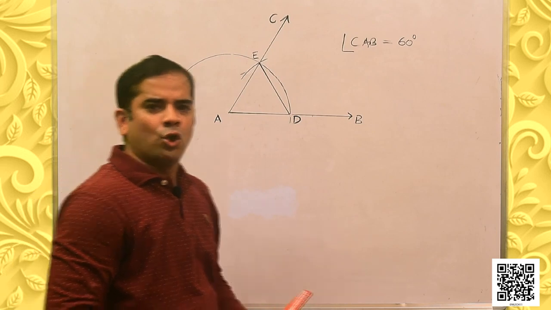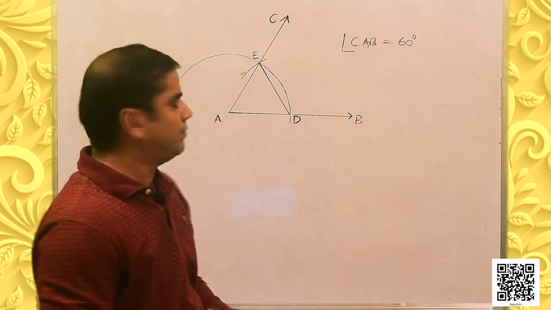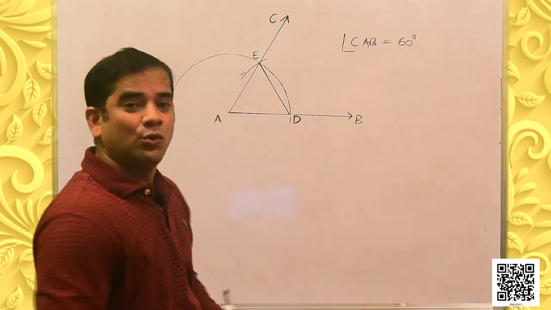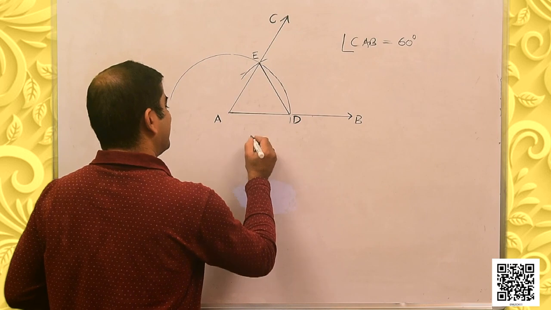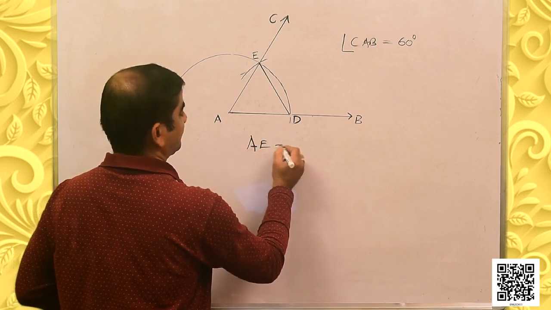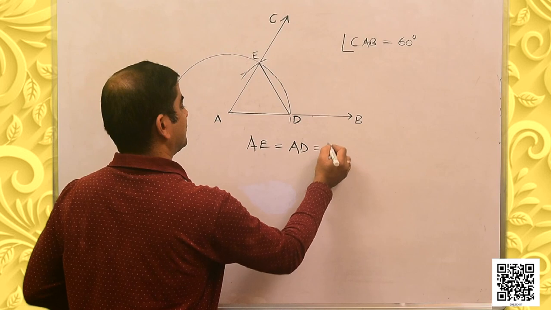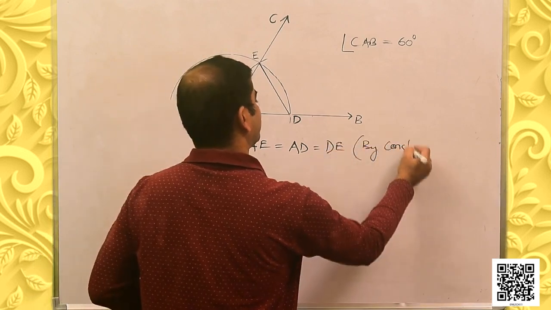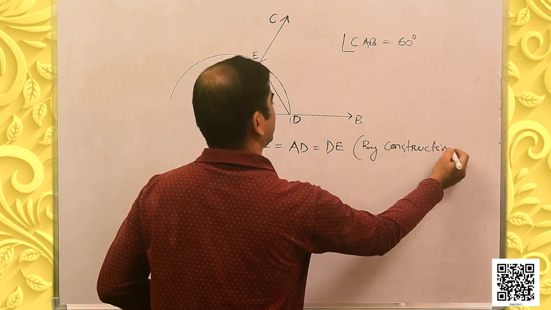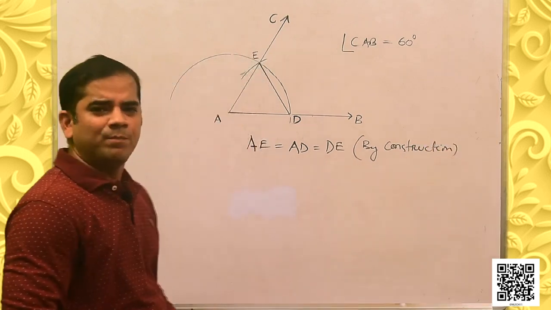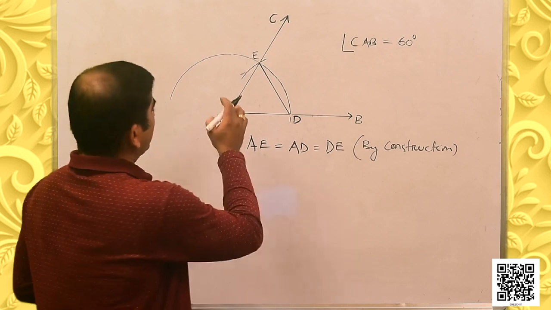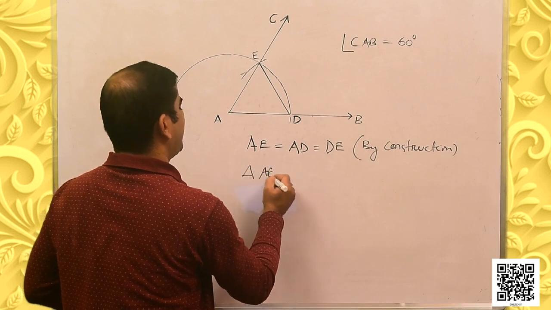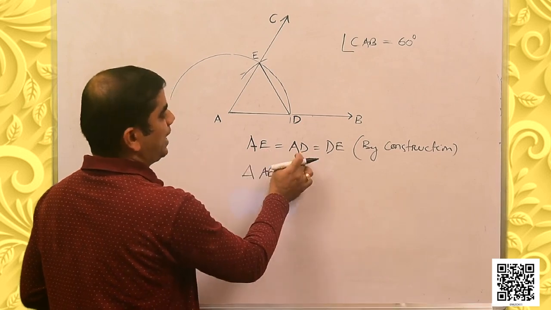Fine. So what we can find is that AE is equal to AD is equal to DE. This is by construction. So, as you can see, there is a triangle AED in which AE is equal to AD is equal to DE.